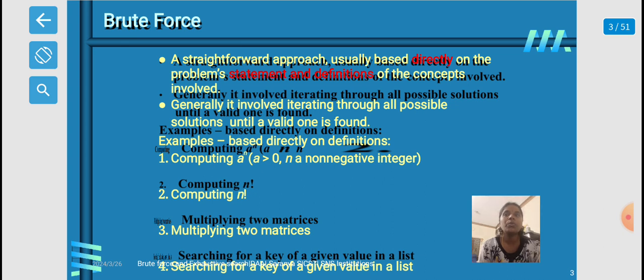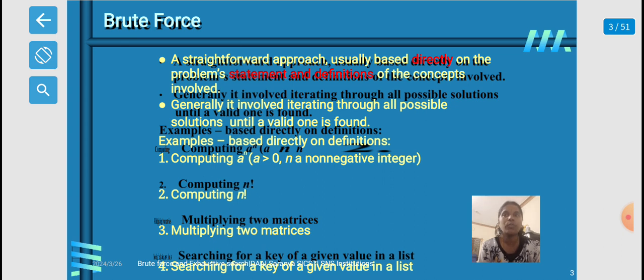Computing n factorial, which can be computed as n times n minus 1 times, up to 3 times 2 times 1. Multiplication of two matrices, that means C equal to A times B. Searching for a key from a list of elements is a sequential search.